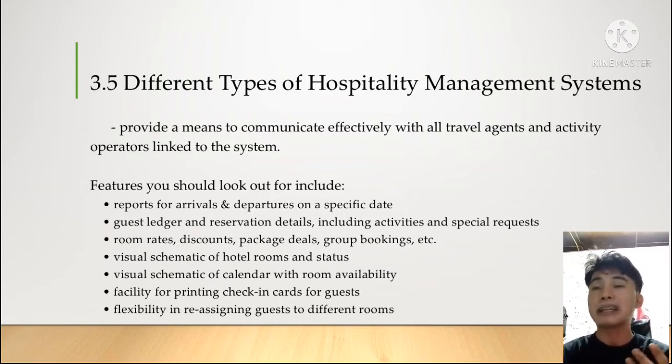Because it helps the guest to find out which is the best room for them. So he is able to select what he wants.